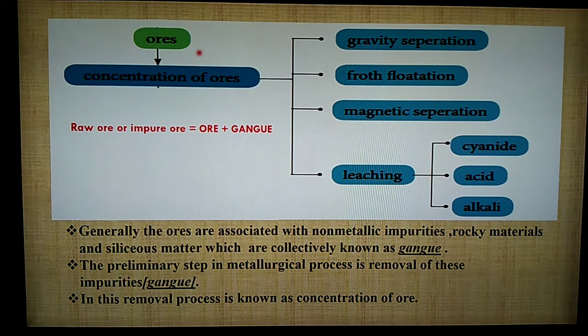If we have oxide ore, we introduce the gravity separation process. If we have sulfide ore, we introduce the froth flotation process. If we have magnetic impurities or non-magnetic impurities present in an ore, we go to the magnetic separation process.